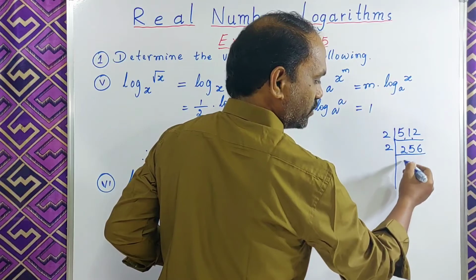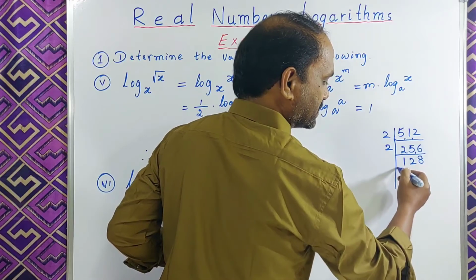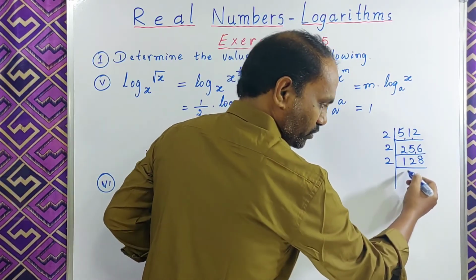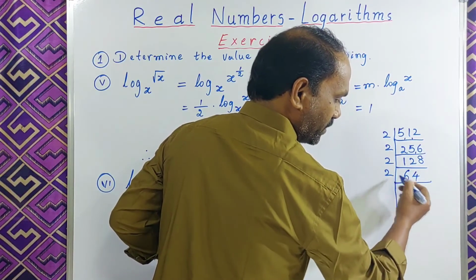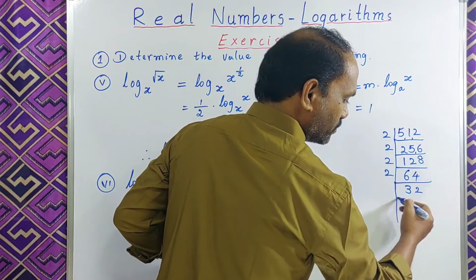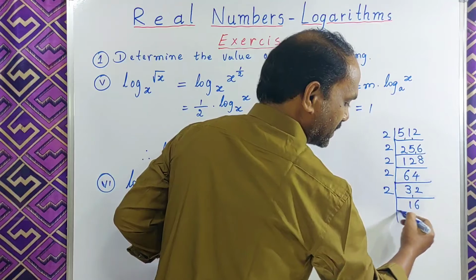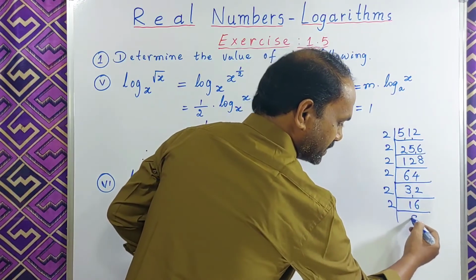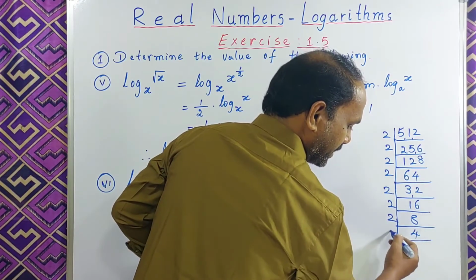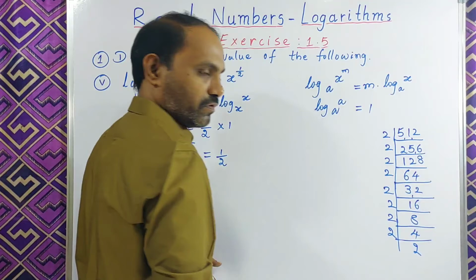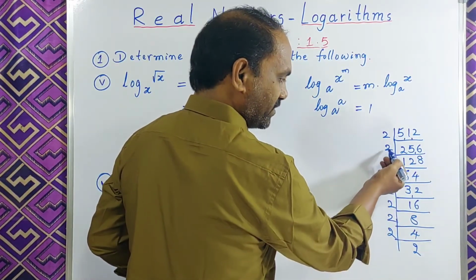Next with 2, 2 1s are 2, 2 2s are 4, 1 is there, 2 8s are 16. Again with 2, 2 6s are 12, 2 4s are 8, 2 3s are 6, 2 2s are 4. All become 2 only. 1 2 3 4 5 6 7 8 9.